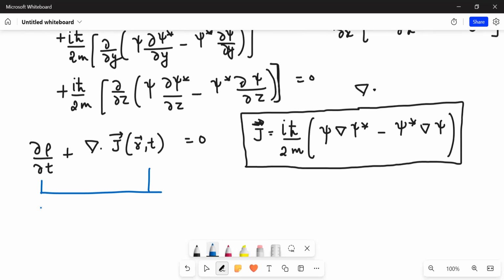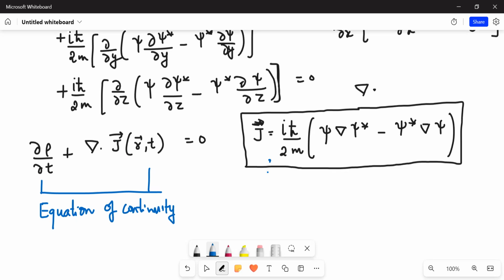This is the famous equation of continuity, and it is quite often used in hydrodynamics and electrodynamics also. Is that clear or not? I think this is clear.